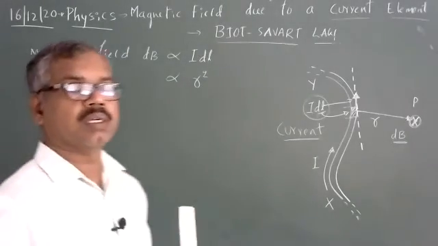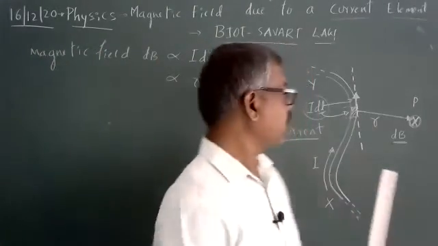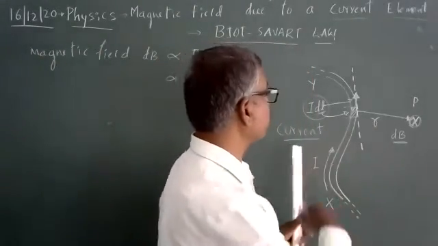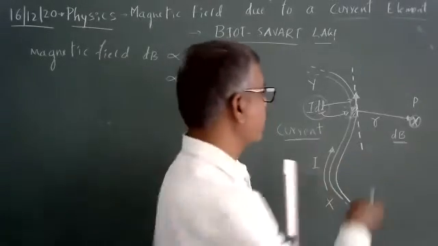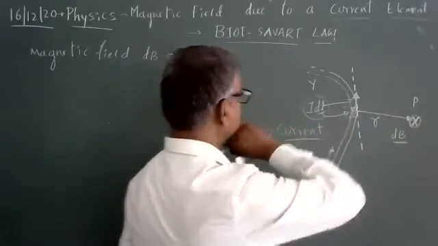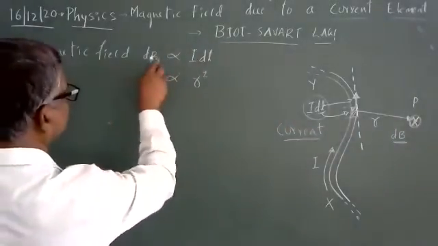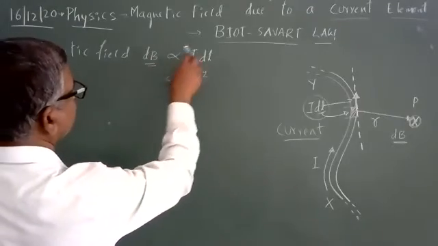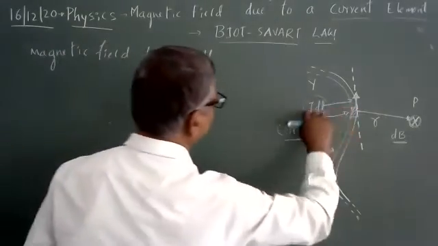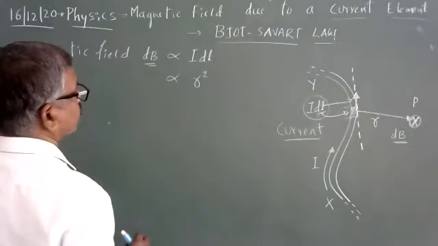So what I mean to say is, the current flowing in a wire gives rise to a magnetic field surrounding it. What is the magnetic field at a distance r? This elemental magnetic field is directly proportional to the current element and has r square dependence.